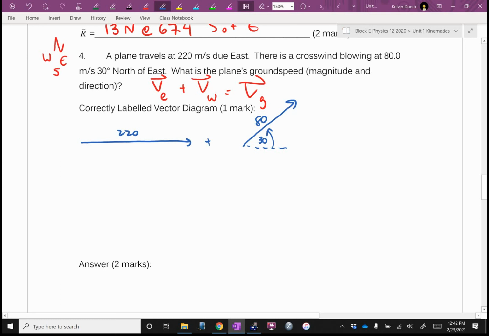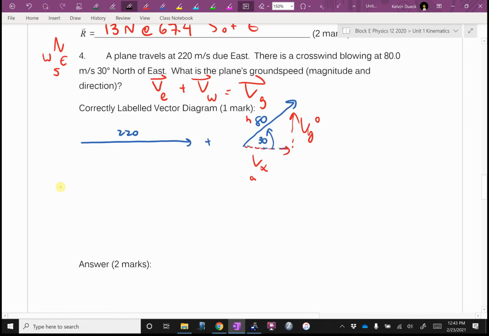I see angles, components. I'm going to break this one up into a Vx and a Vy. Hey, you know what? That 30 is sitting in the same place it does on projectiles. I'll bet you Vy is sine and Vx is cosine. If I had forgotten, I could always do the trig.